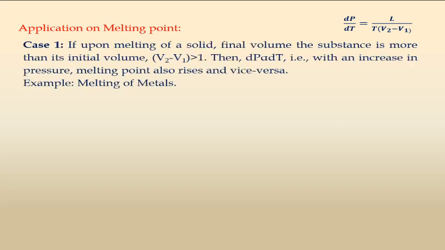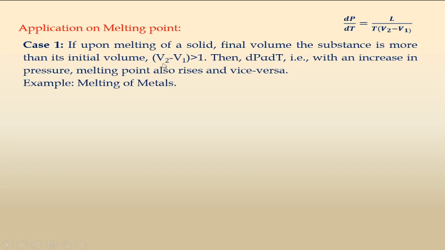Now let us see some applications of this equation. Its application on melting point as the first case. We have the equation dp by dt is equal to L divided by T into V2 minus V1. Now for case 1, if a solid is getting converted into a liquid or some other phase, so the solid is melting, and the final volume of the substance is more than its initial volume.